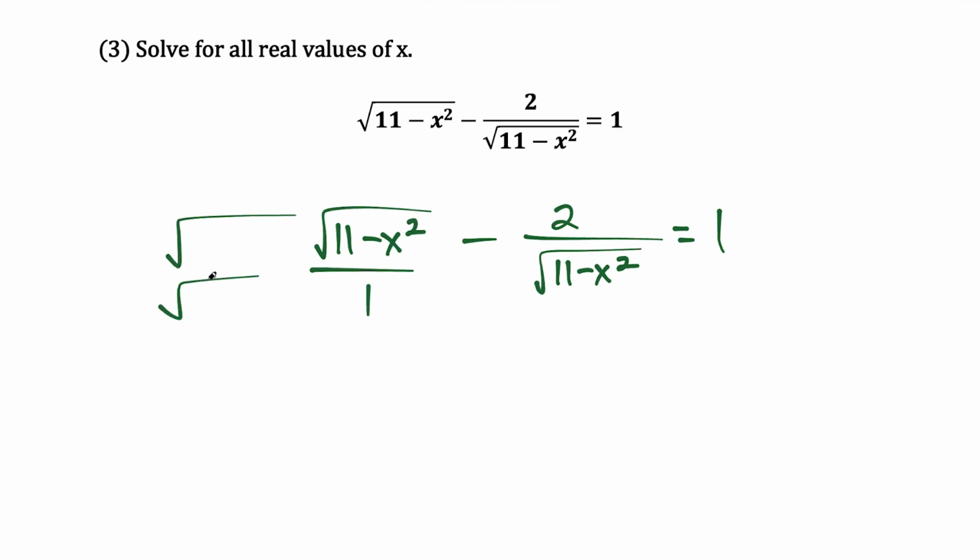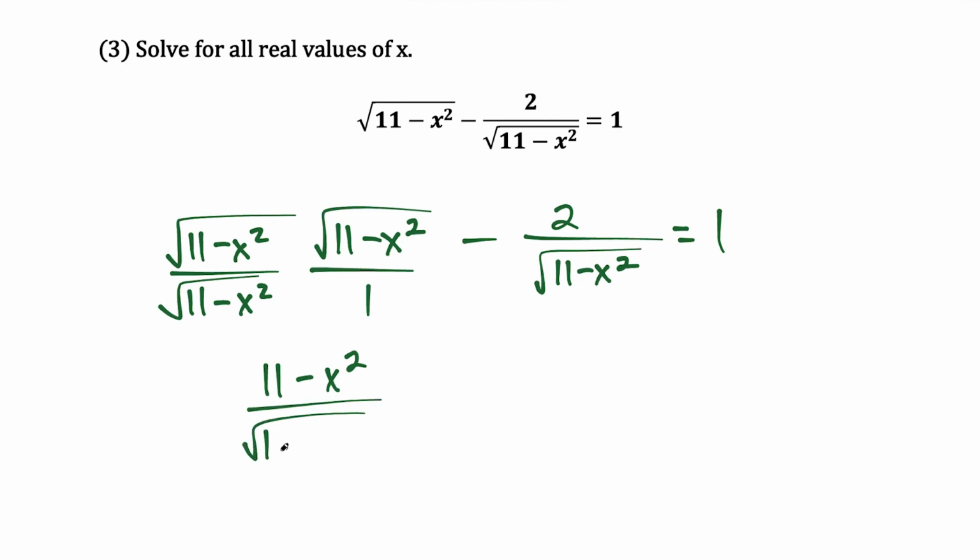So we're going to multiply this first fraction here by square root of 11 minus x squared over square root of 11 minus x squared. And that's going to give us matching denominators with the fraction on the right here. So now we multiply these two terms. Square root of 11 minus x squared times itself is just 11 minus x squared. And this is over square root of 11 minus x squared.